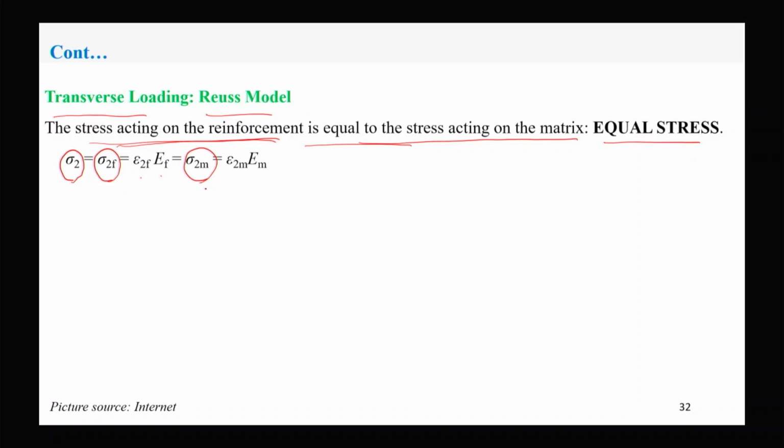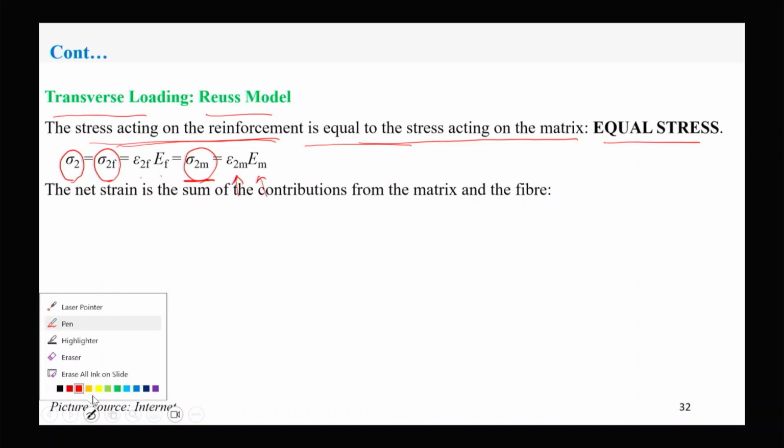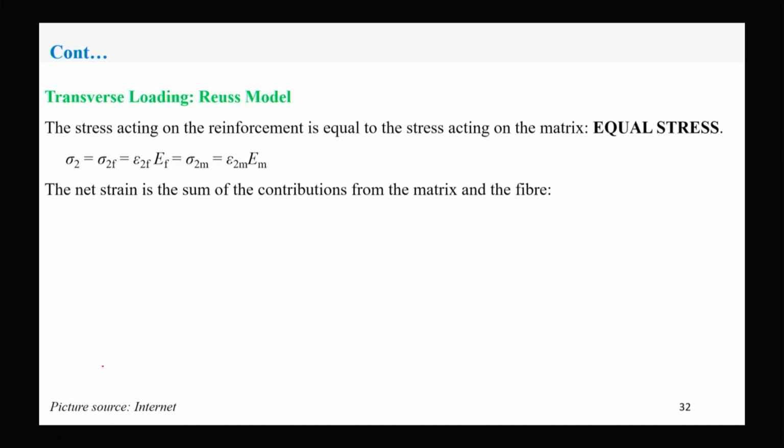Okay. Similarly, stress on matrix equal to strain on matrix multiplied by modulus of matrix. So the net strain is the sum of the contribution of the matrix and fiber.